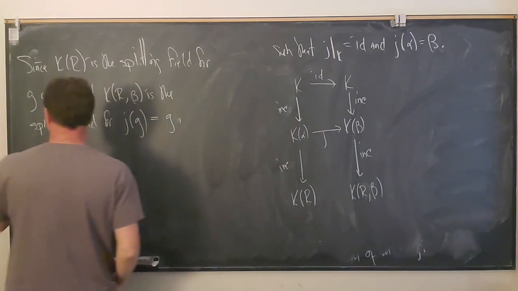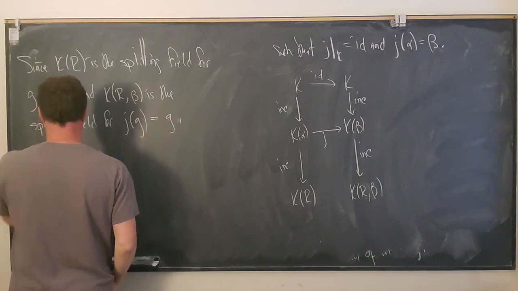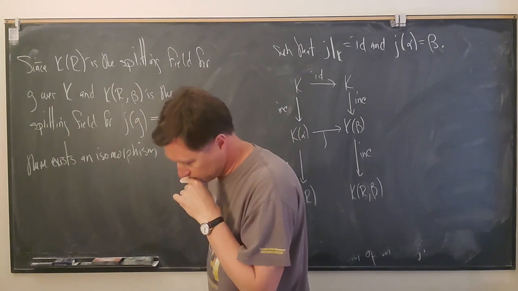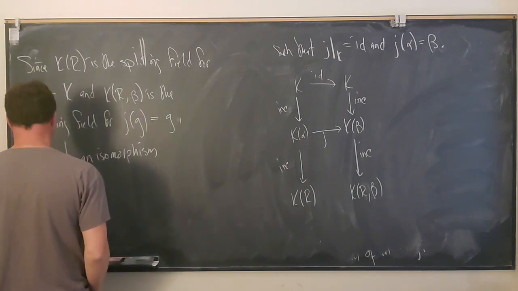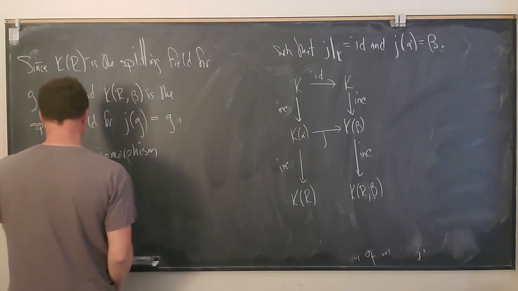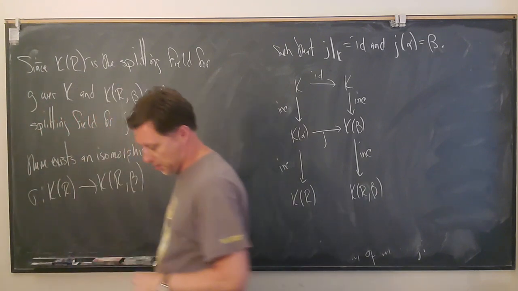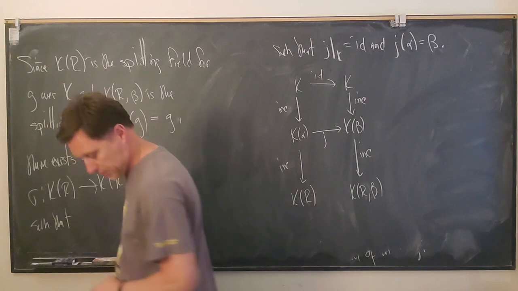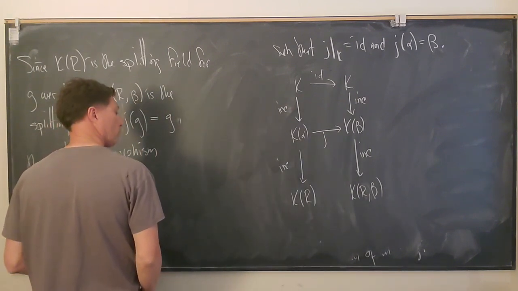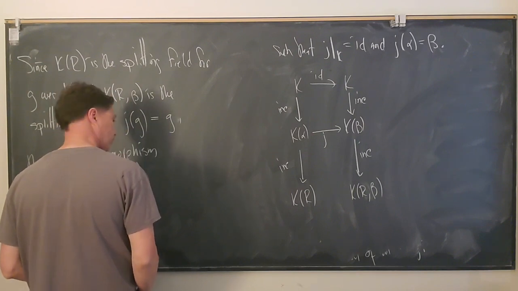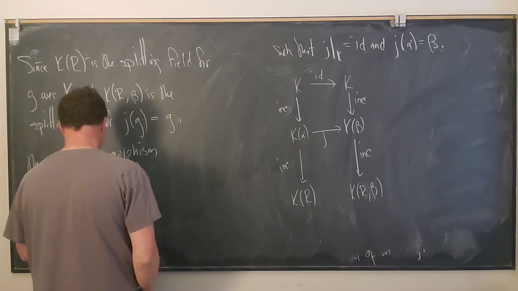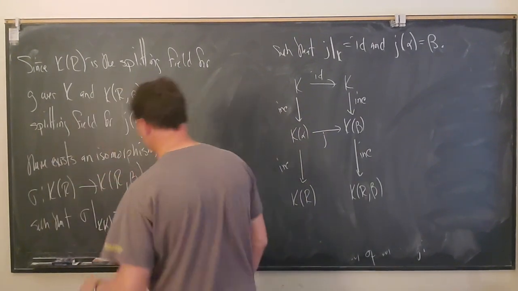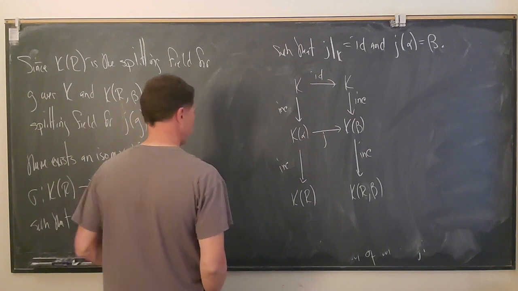There exists an isomorphism, call it sigma, from K adjoin R to K adjoin R together with beta, such that sigma restricted to K adjoin alpha is equal to J. This is corollary 2.8, right, which told us how to extend over splitting fields.